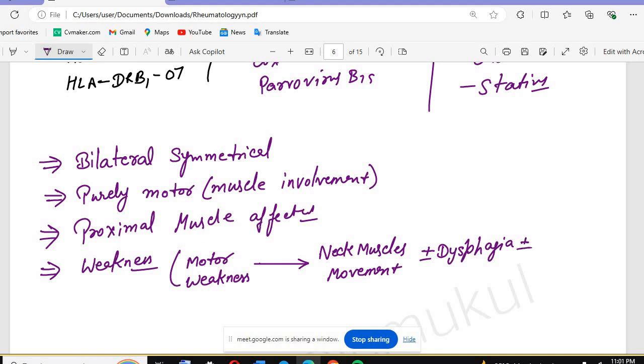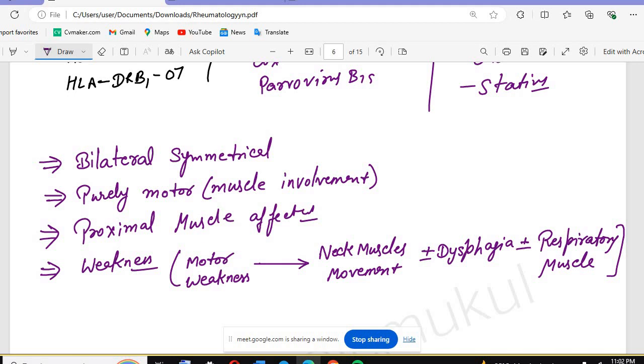After that, the respiratory muscles will be involved, there will be a problem in respiration also, and finally the patient can die because of the failure of the respiratory muscles.